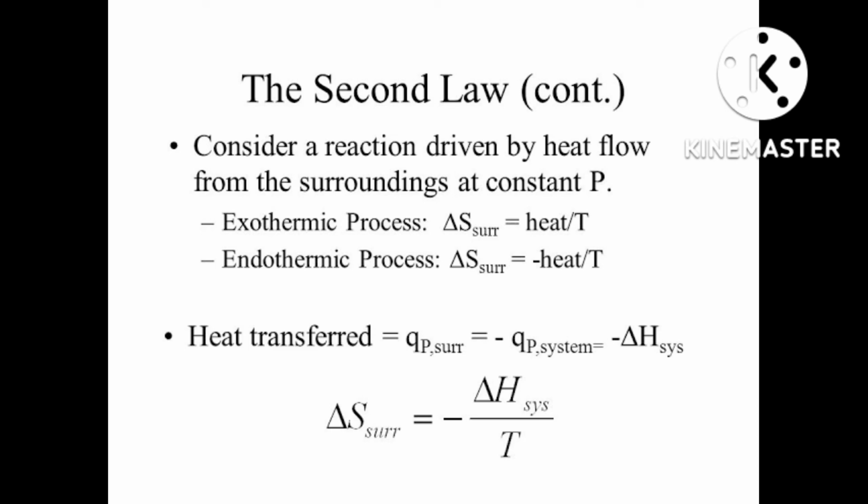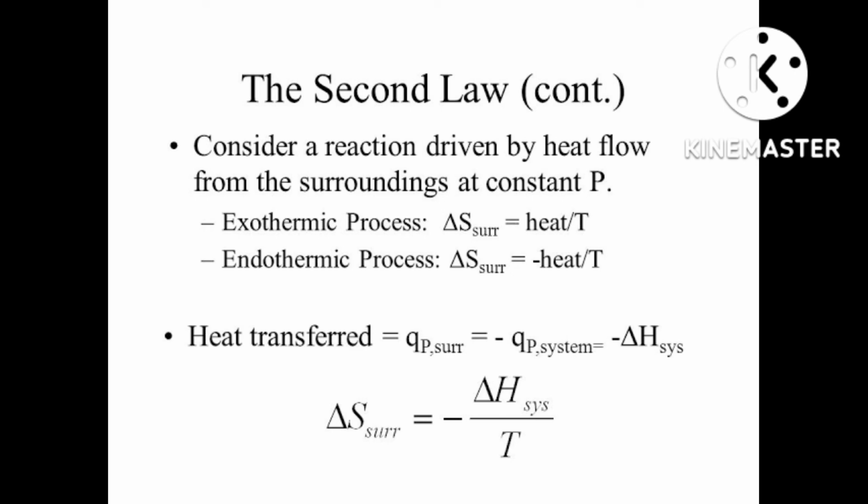Heat added to a system at lower temperature causes greater randomness than when the same quantity of heat is added to it at higher temperature. This suggests that the entropy change is inversely proportional to the temperature. Then we can write that delta S is related with Q and T for a reversible reaction.